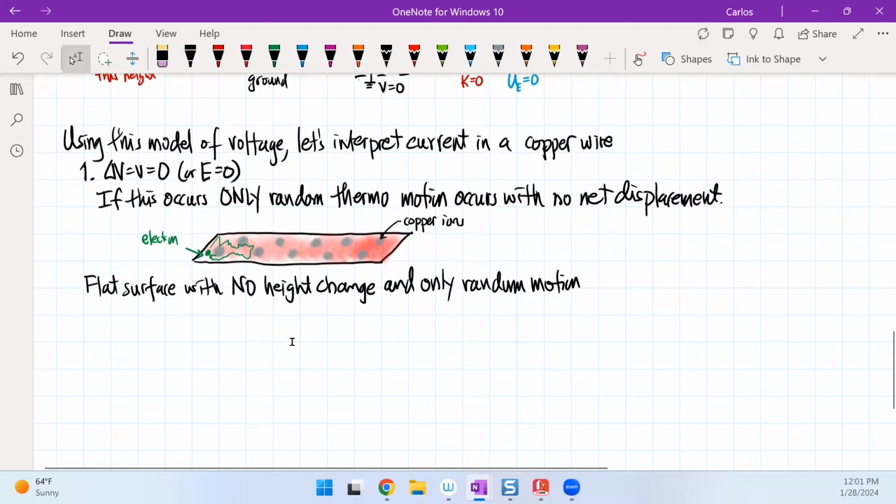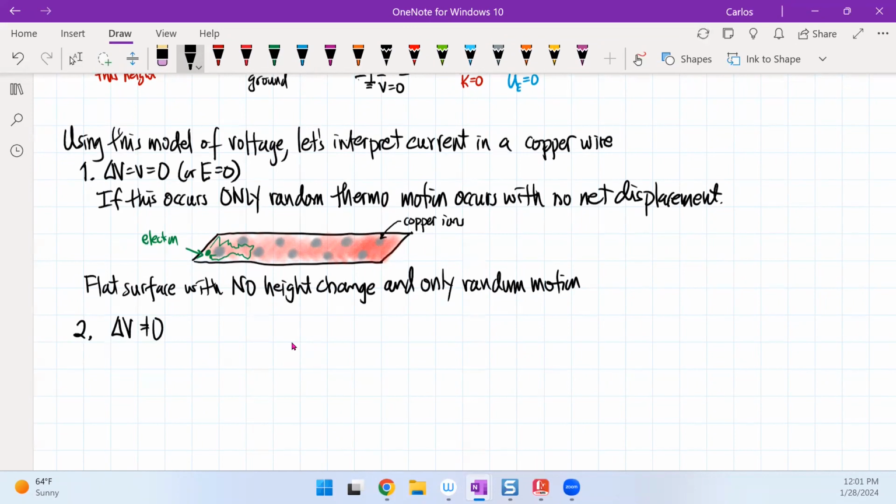Now what happens here is that we're going to put a voltage across this. So now we have a voltage, which tells me that the E field inside the wire has a small field. So now what happens here? The copper wire is now inclined.